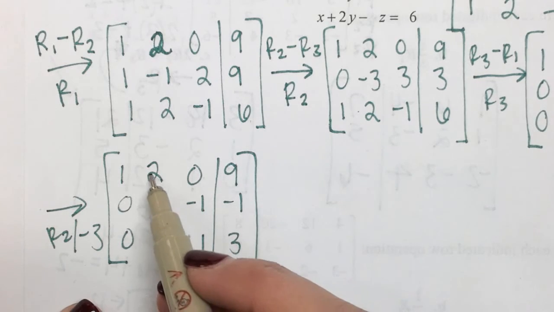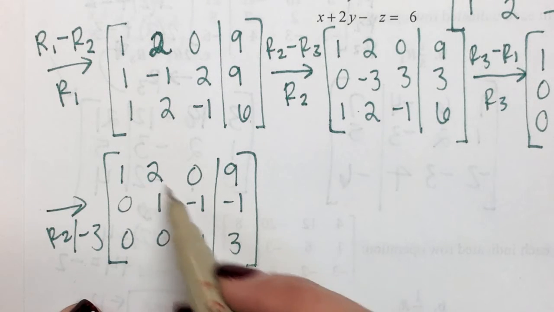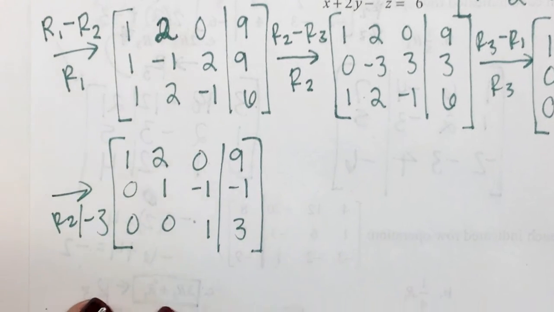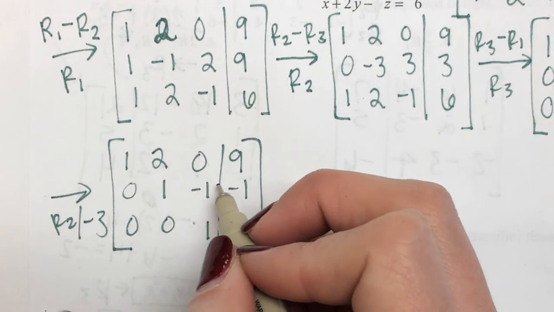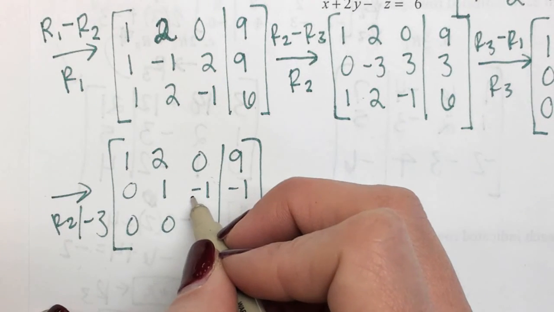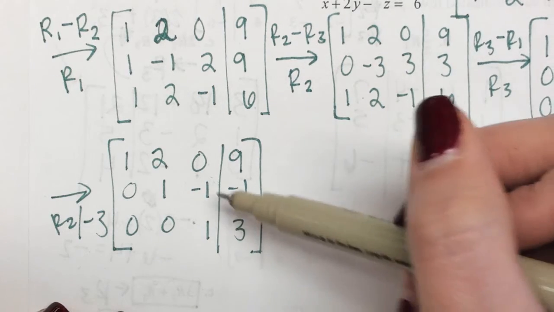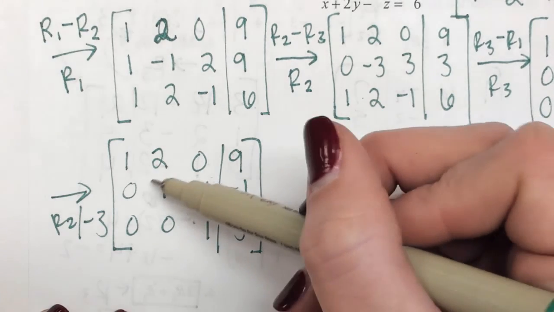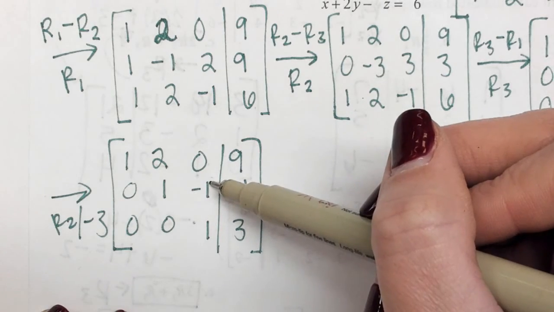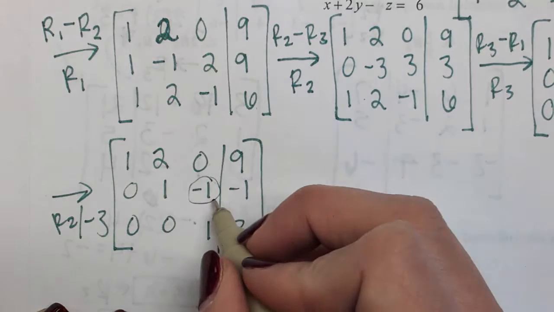Alright, so we just need to make this and this a 0 right here. Let's focus on, it really doesn't matter which we do first, but I see an easy way we could make this be a 0. How could we make this be a 0 without changing anything up here? I'm trying to make this right here be a 0.